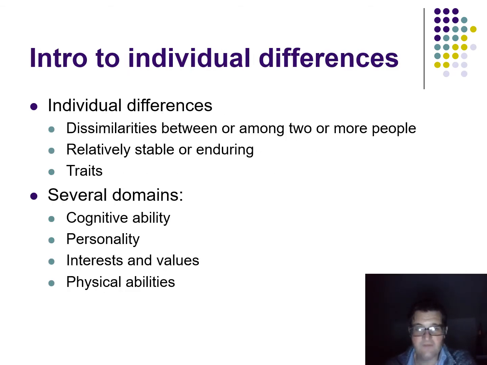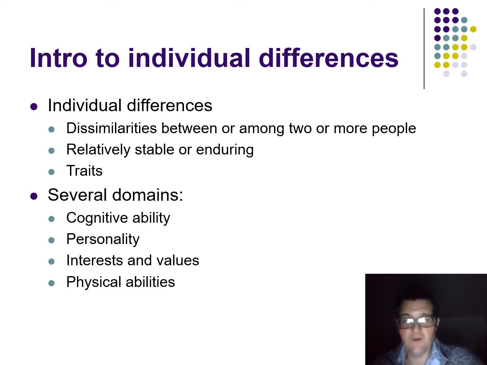So individual differences are, we're not all like each other. Some of these things are obvious, right? At the simplest end, purely physical differences are individual differences. Some people are taller, heavier, have different skin tones, different vocal registers, things like that.